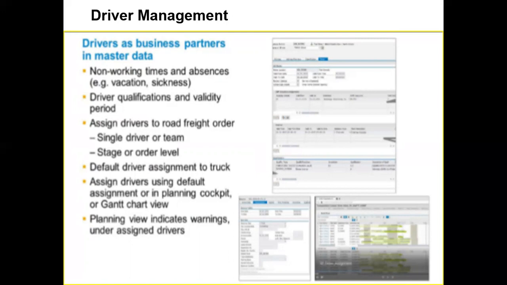Also, we can check the planning views, which indicate warnings for the assigned drivers about supplying the goods related to the freight orders for the particular transportation route, transportation zone, or transportation lane.